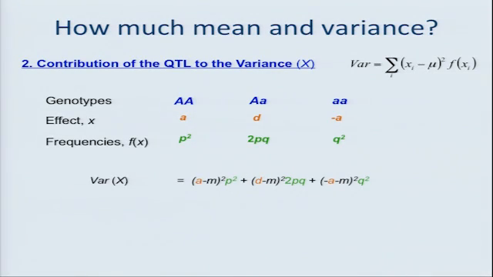Well, here we're dealing with the population, so it's simply this genotype class's mean minus the grand mean m, quantity squared, times the frequency of these observations, which is calculated based on the allele frequency at this particular genotype class. So we have a minus m squared times p squared, plus d minus m squared times 2pq, plus minus a minus m quantity squared times q squared.